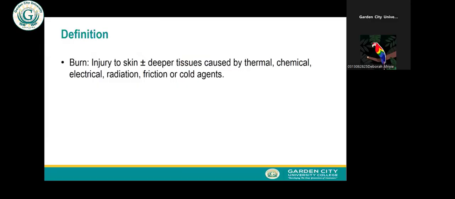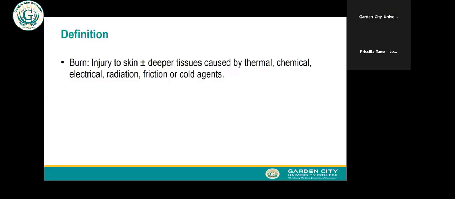It affects the skin, and deeper tissues are also affected. It can go as deep as the muscles and into the bones. So based on the structures that are affected, we have a classification for that.